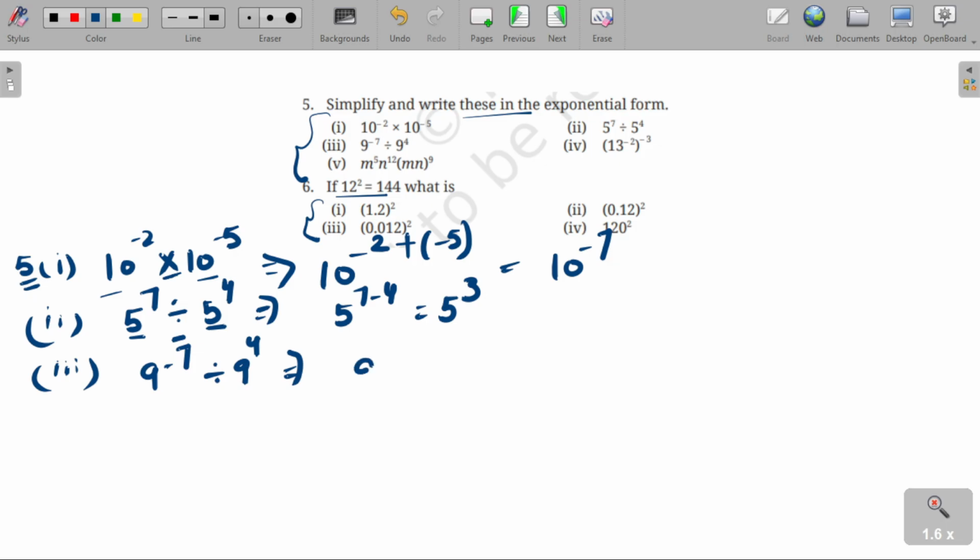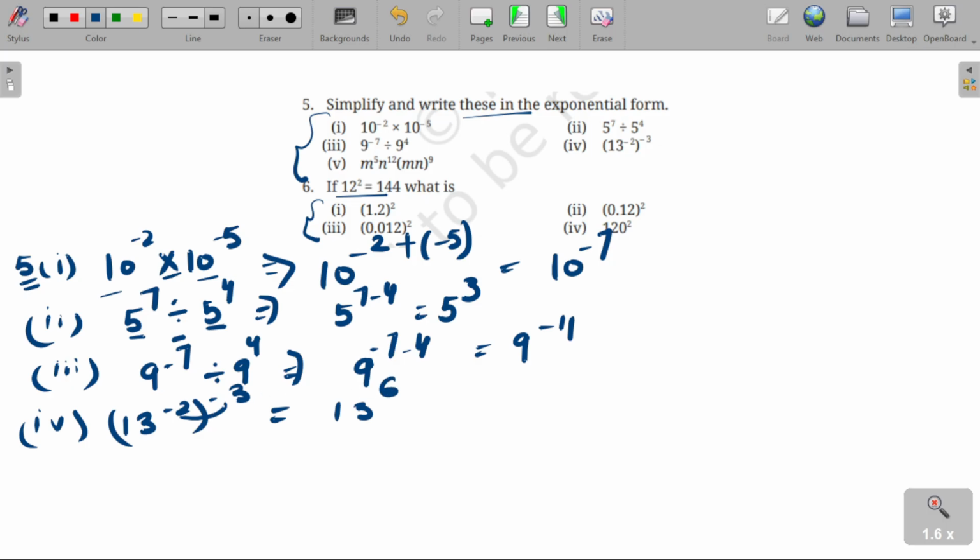Base is same, they are in divide, so power will be subtracted. It will be 9 raised to minus 11. Fourth part. 13 raised to minus 2 raised to minus 3. See, 2 powers, so both will be multiplied. Minus 2 into minus 3 is plus 6. So this is the answer, 13 raised to 6.